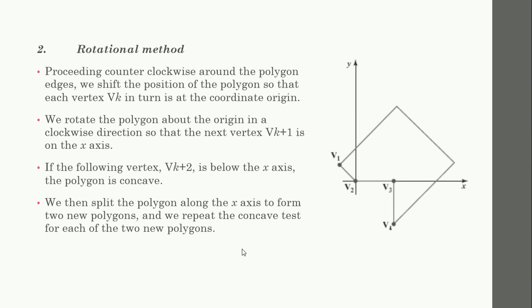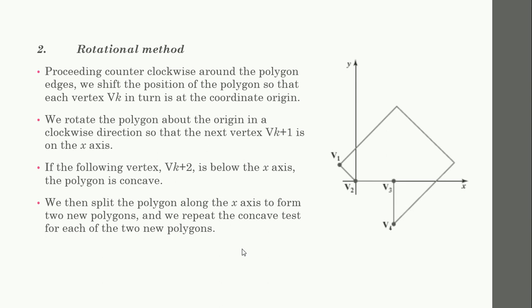Whenever you keep, for example, v1 on the origin, then you have to keep vk plus 1, which will be the v2 vertex, so you place this edge on the x-axis. That is the meaning here.